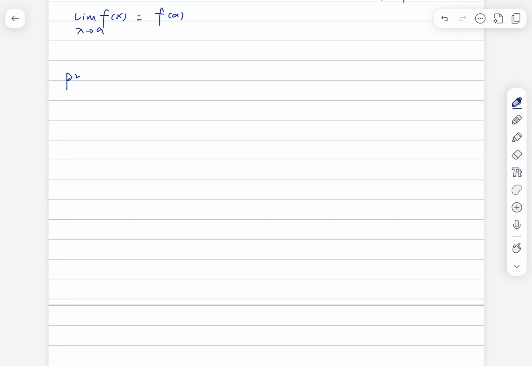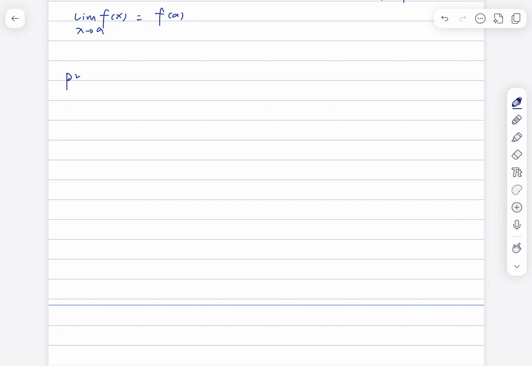With this problem, since it says if and only if, we need to prove it from both sides. We're going to take f is continuous as a known assumption, and then try to prove that this is going to be true.